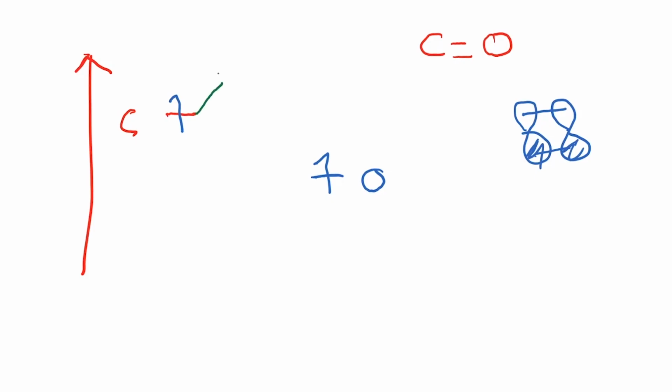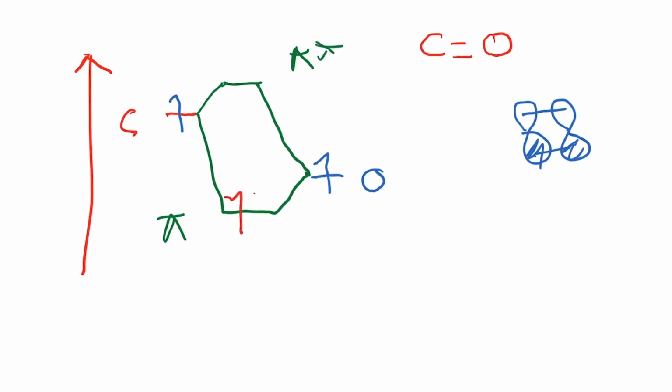Here is the way we understand this. You combine these two orbitals and produce two molecular orbitals, the pi and the pi star, and both the electrons are going to be populating the pi bond. Now if you want to understand how this looks, it's very interesting: the pi star has a greater contribution from carbon, whereas the pi bond has a much greater contribution from oxygen.